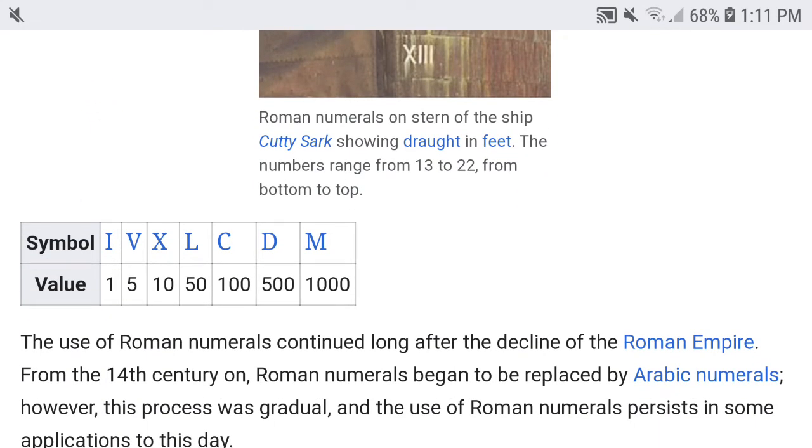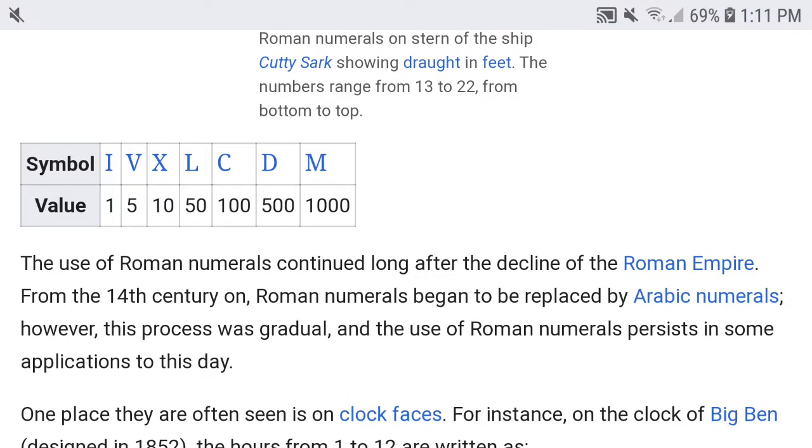Okay, so this one is the symbol and value. I is 1, V is 5, X is 10, L is 50, C is 100, D is 500, and M is 1,000, which later we will see the use of.